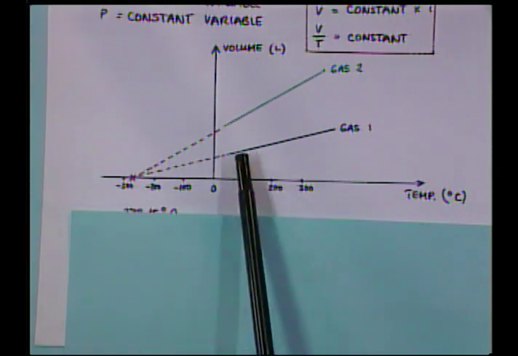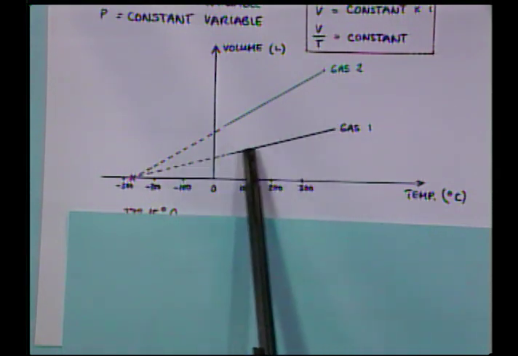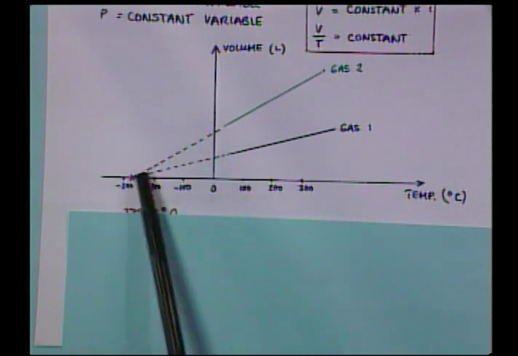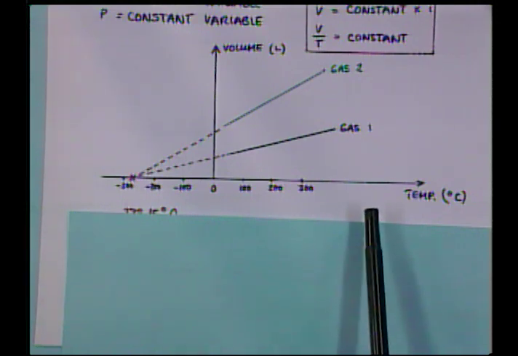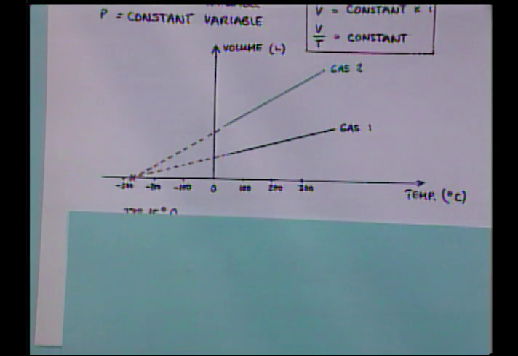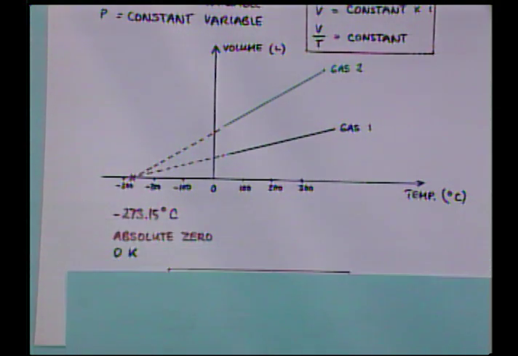And if we extrapolate the lines backwards, then the funny thing is they will intersect the x-axis at the same point. And it happens to be at a temperature which is arbitrary for now because we can't reach it. Especially in those days, they could never reach it.